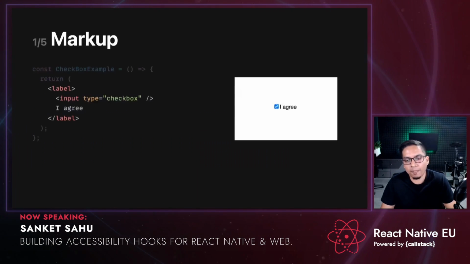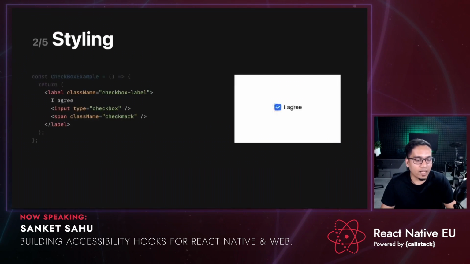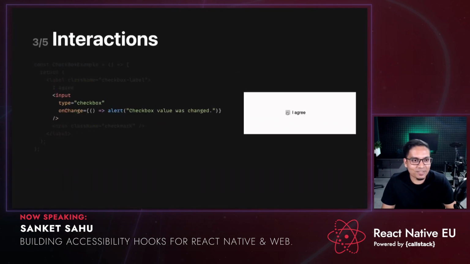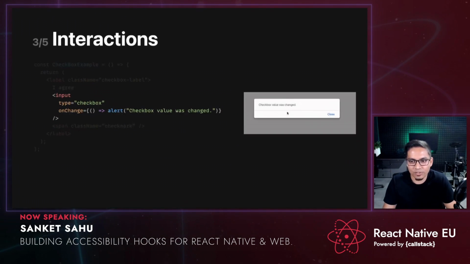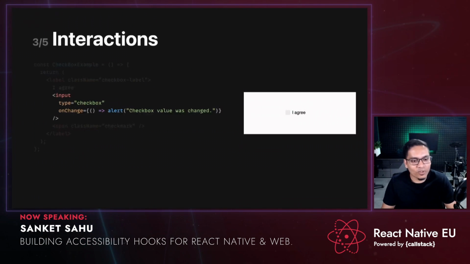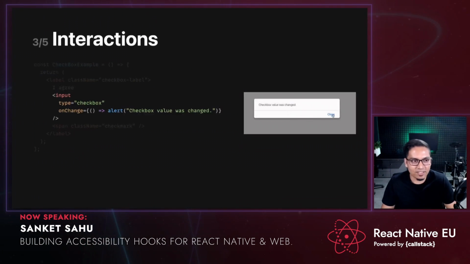Say I want a checkbox, so I'll wrap it in a label markup and then have an input of type checkbox and some text around it. As step two, I would add some styling just with class names here, no CSS and JS. Next we can add interaction. For example, on the right side you can see that as we click on the checkbox, it shows an alert message. Pretty standard stuff, input onChange alert, and that does the trick.